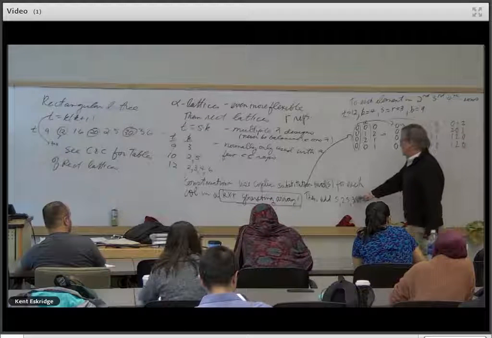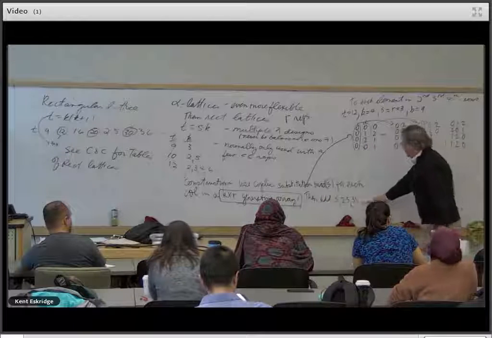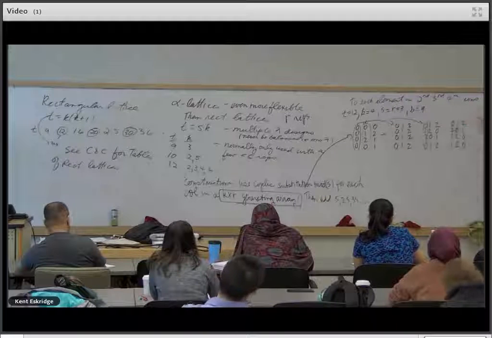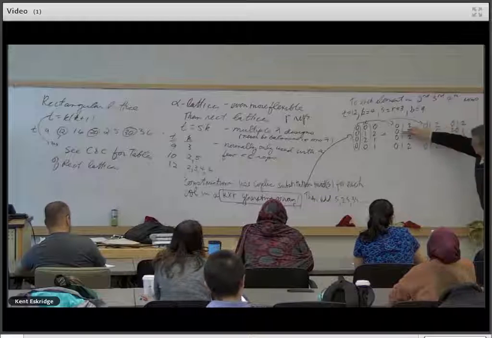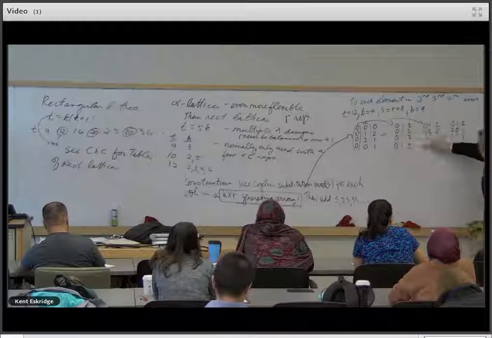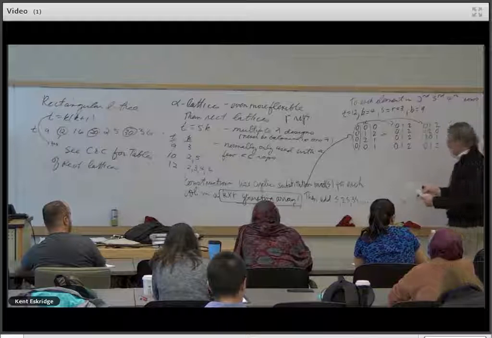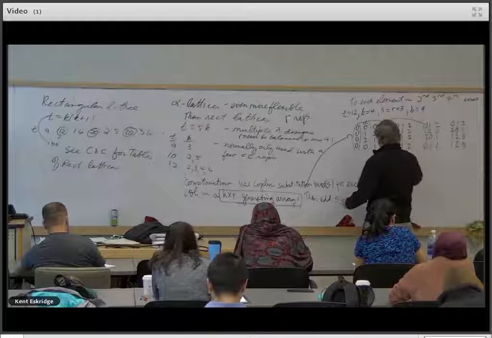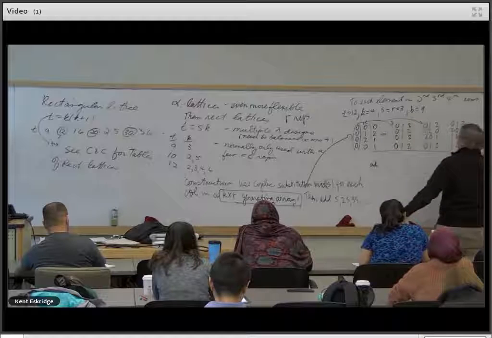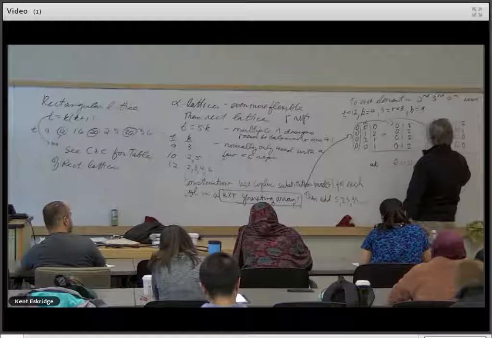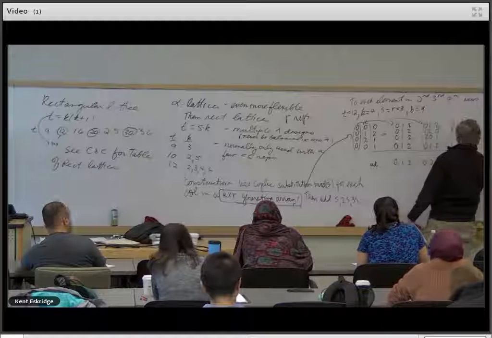Now the last line says, now add S, 2S, 3S, and so on to each element in the second, third, and fourth rows. So here's my second row, third row, fourth row. Okay, so the first row now is going to be just the same thing: 0, 1, 2, 0, 1, 2, 0, 1, 2.